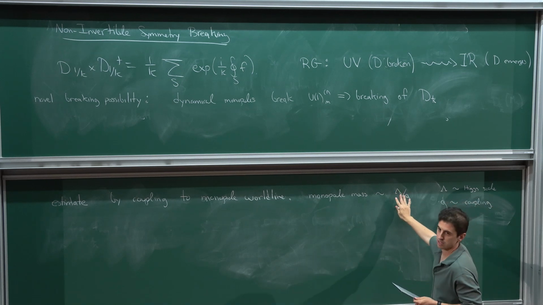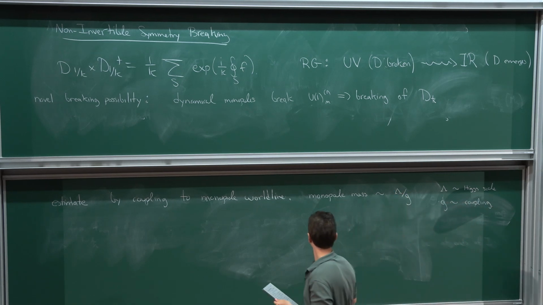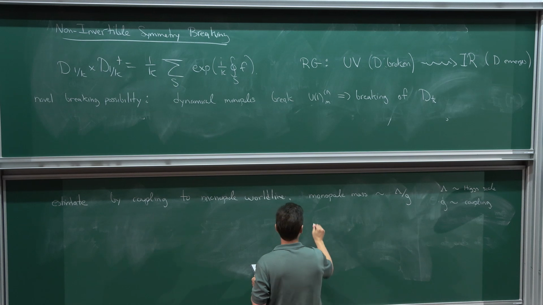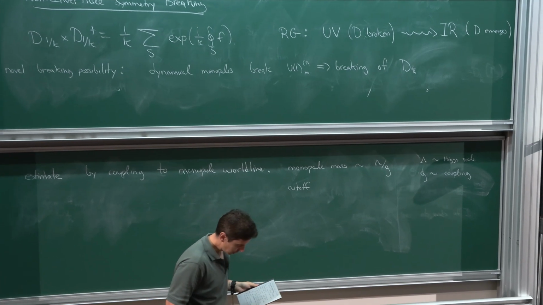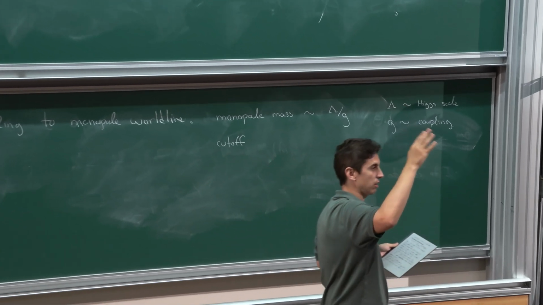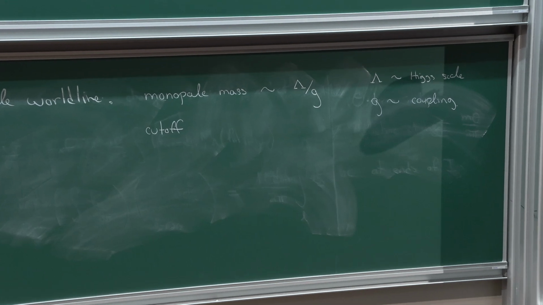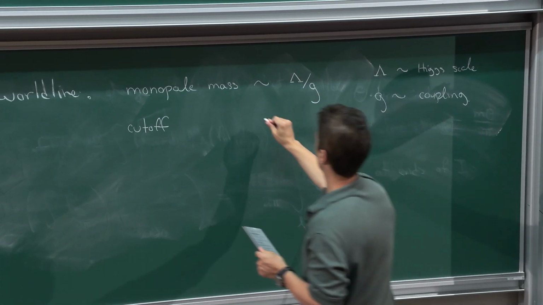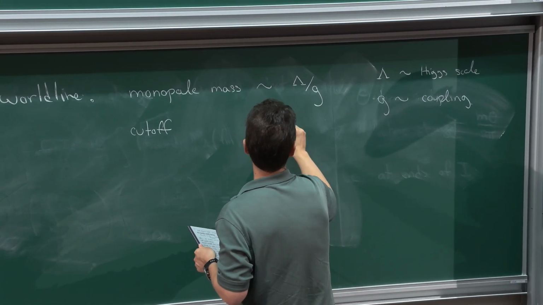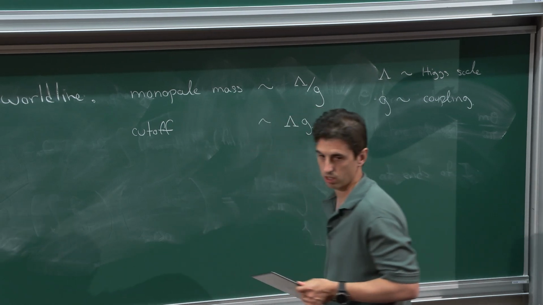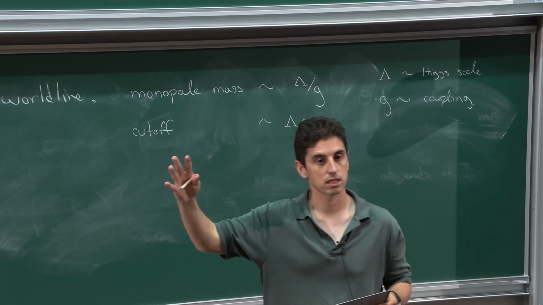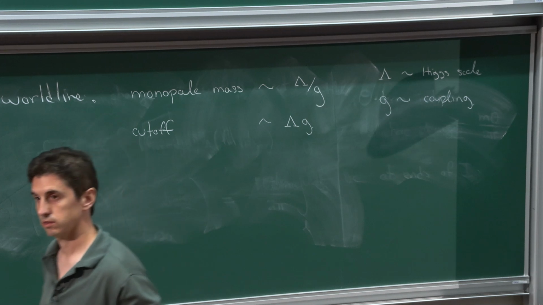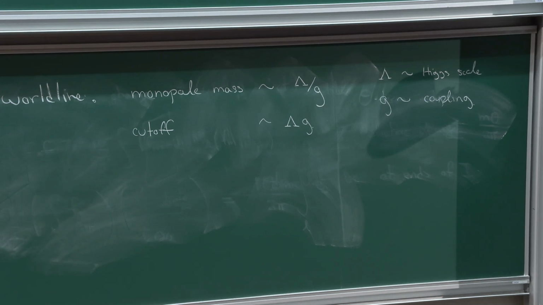There's typically some pi's and stuff there, but that's the formula. The other thing I would need to know is the cutoff. Well, again, thinking maybe about a UV completion as a non-abelian gauge theory, what would it be? It would be something like lambda times g. That's like the W boson mass. Those are typically the lightest particles, at least when we're thinking of g as small.